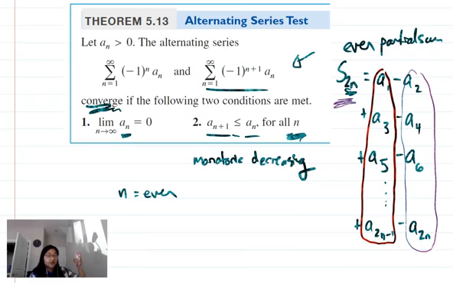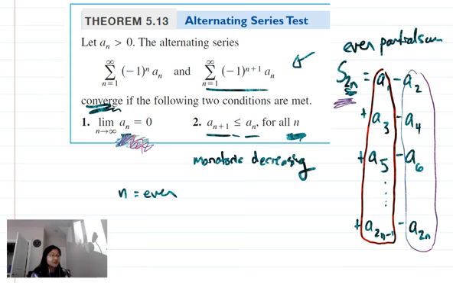Since we have boundedness here, and all our a sub n's are going to 0, then we know that we have convergence.